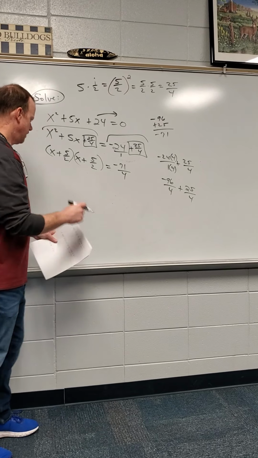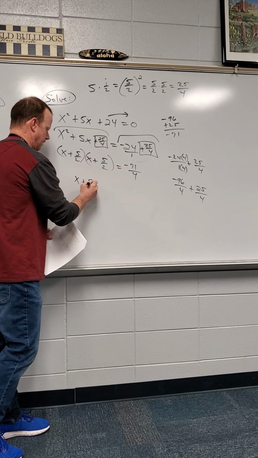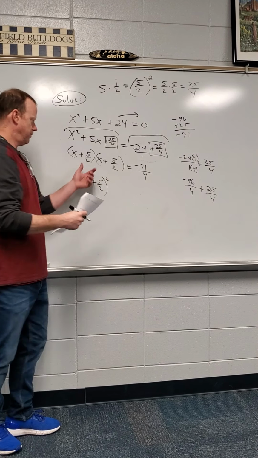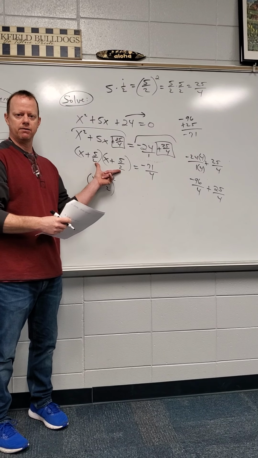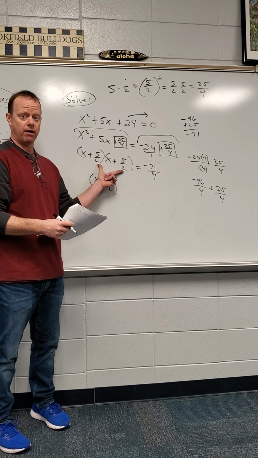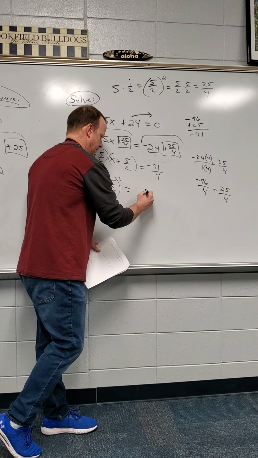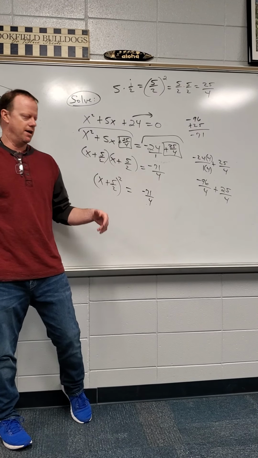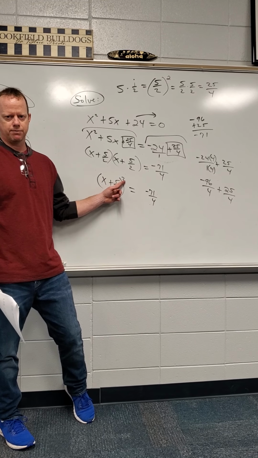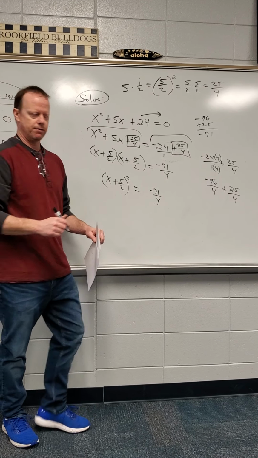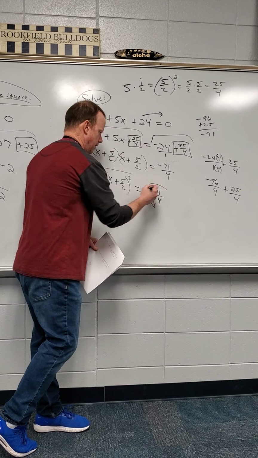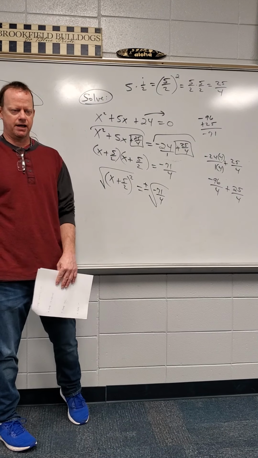So we have x plus 5 halves quantity squared, which, as I said, this number right here will always be the middle term cut in half, always and forever, equals negative 71 over 4. And then I need to get rid of the exponent of a 2, hit both sides with a square root, hit the number side with a positive and a negative.